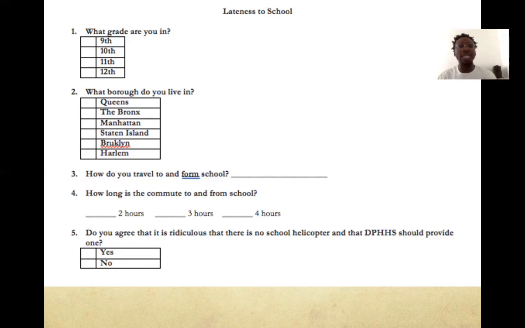Do you agree that it is ridiculous that there's no school helicopter and that DPHHS should provide one? Yes or no? Is there any error in this question? If you said no, yes, there's no error in this question.